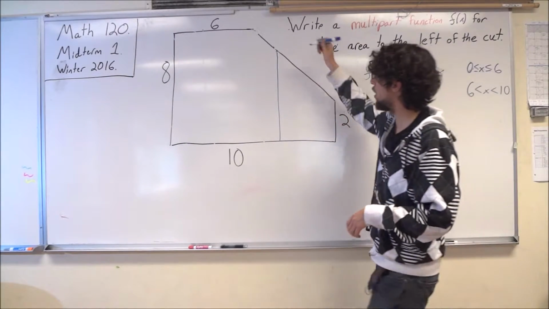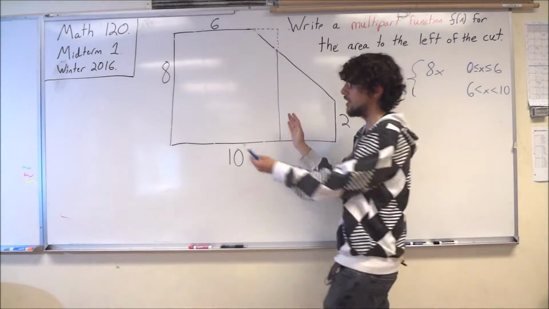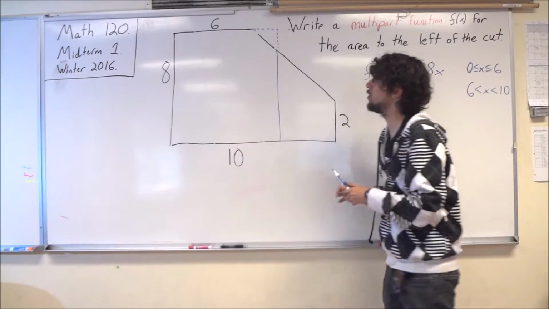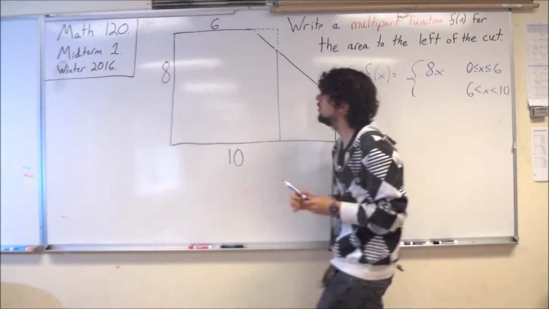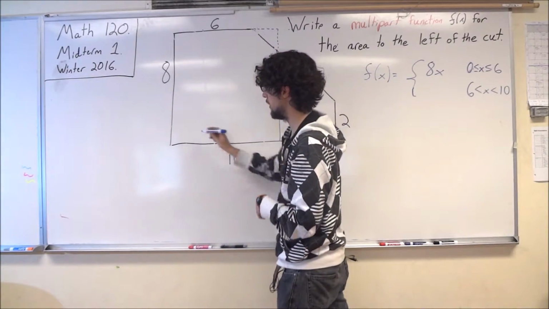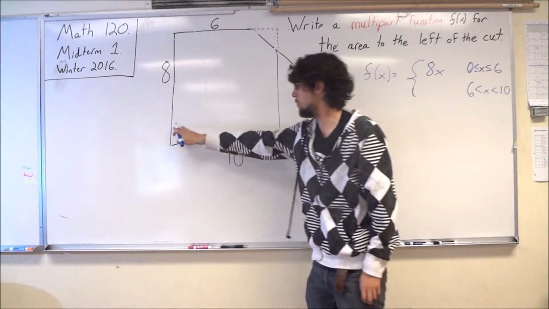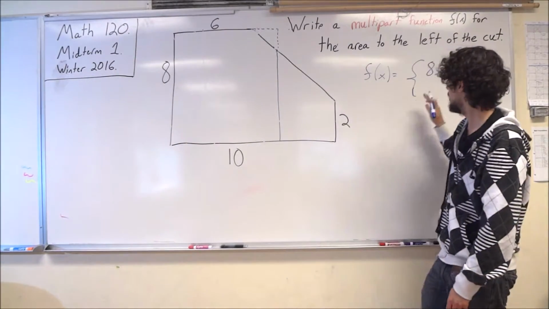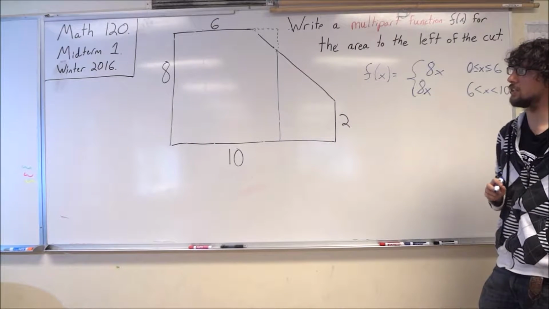So let's draw this in. What first is the area of the entire rectangle here? The height of the rectangle is 8, and the width of the rectangle, we're assuming, is x. I'm not going to write that in, but this width from here to here is x. So the area of the entire rectangle is 8x.